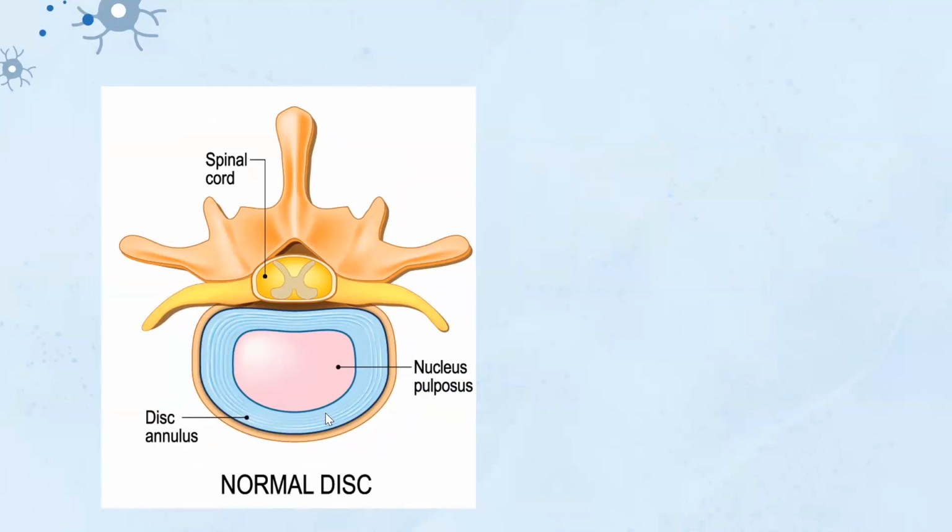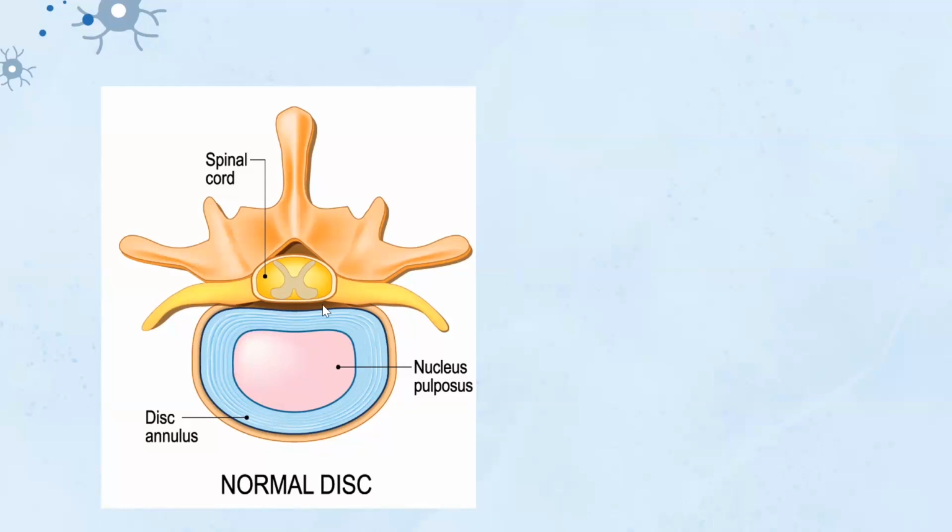If there's a defect in the disc annulus, the nucleus pulposus, instead of being enclosed by the disc annulus, will move towards that defective region and will compress the spinal nerve.